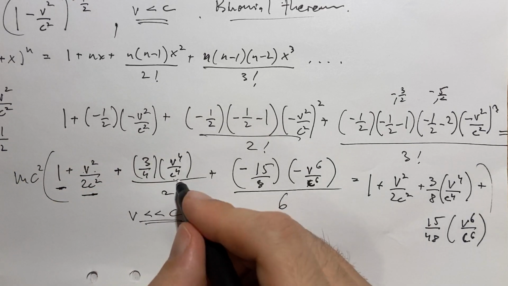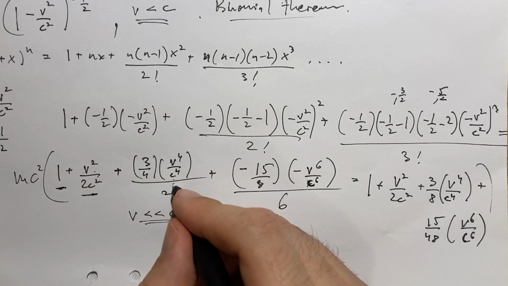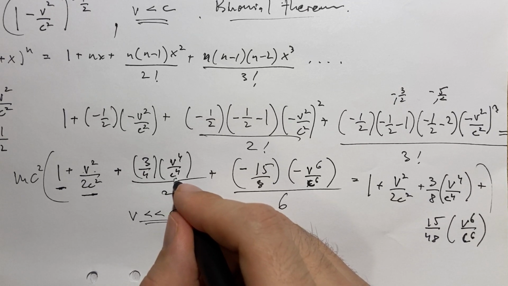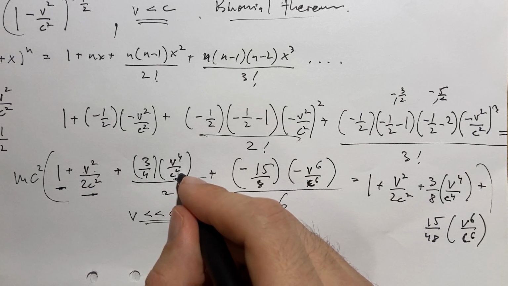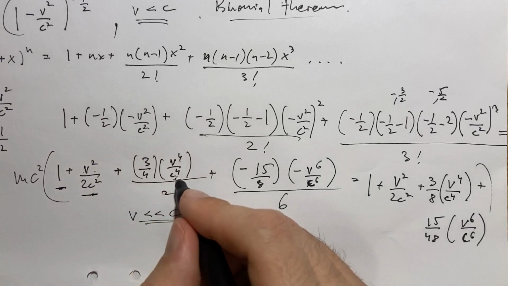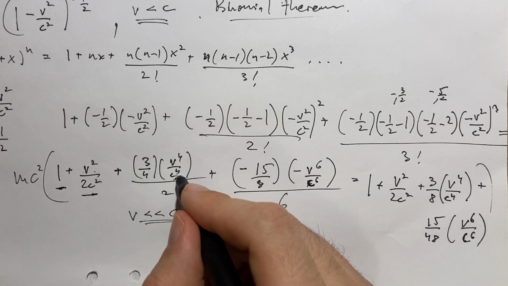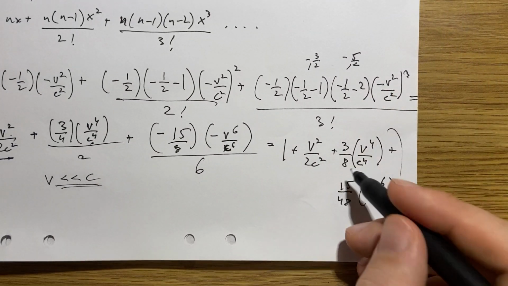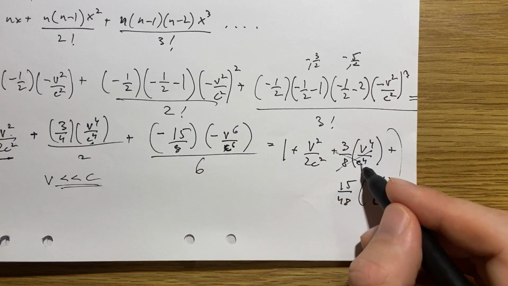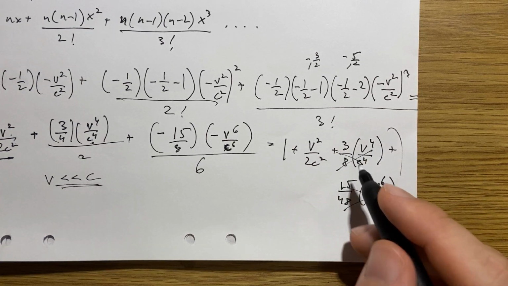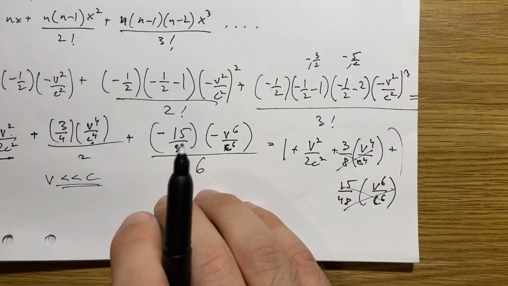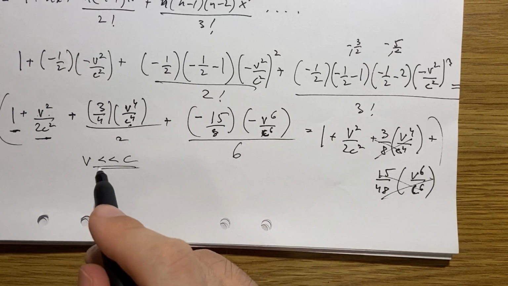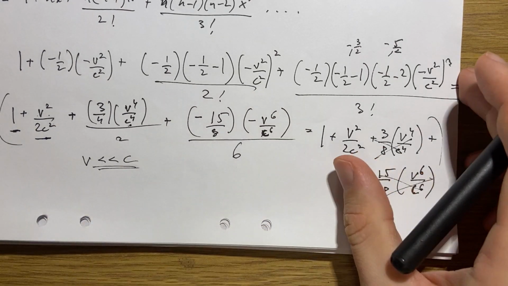For this one, we will still have a c to the power of 4. They will cancel out just to the c squared, so it will still be quite a high number. So actually we can disregard this term and this term, because they will be very, very small when v is much, much lower than c.